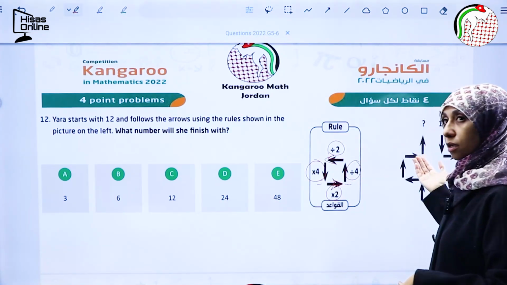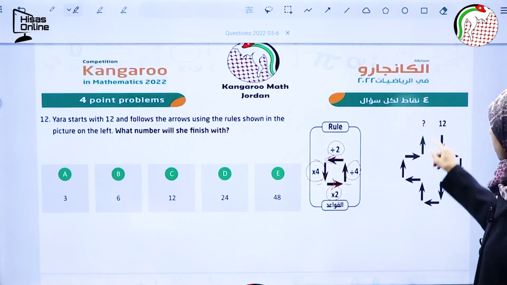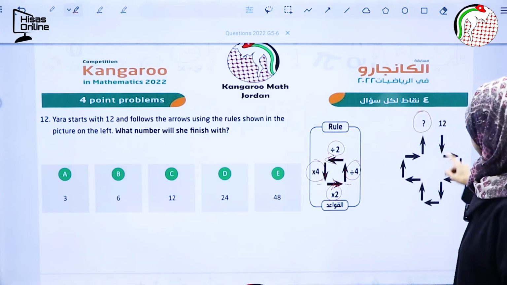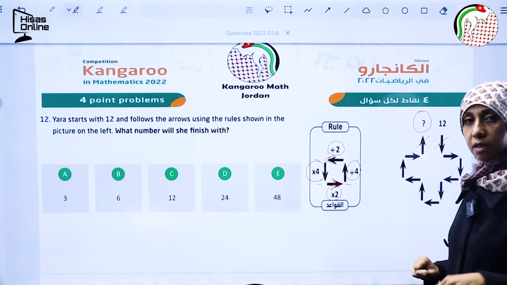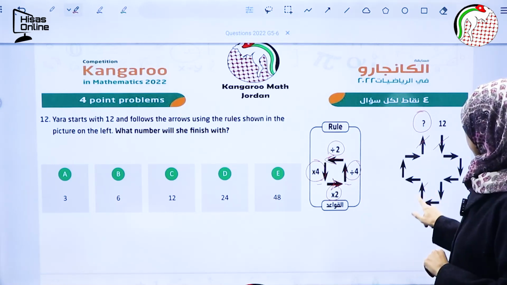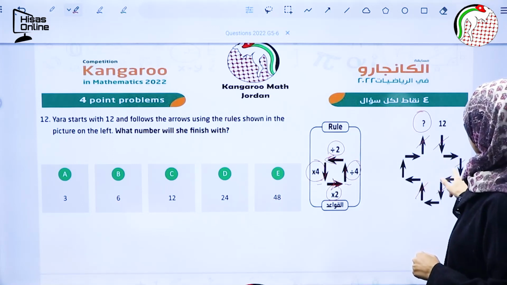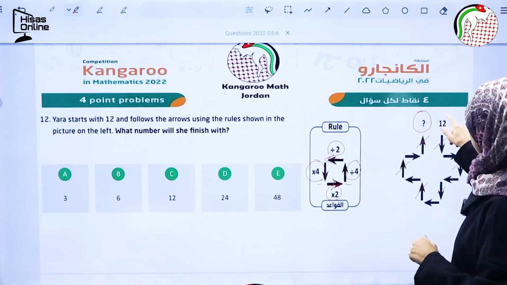Now, let's see the number here and the path that she followed. Up, down, they cancel the effect. Again, up, down, nothing. Here, again, up, down. I don't have anything changed on 12.